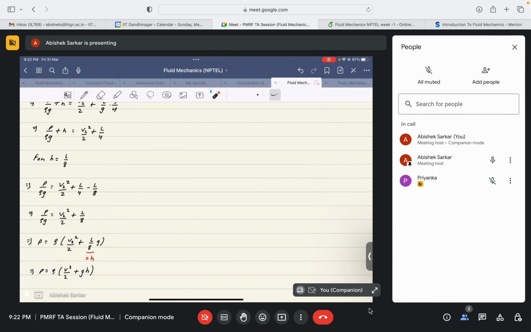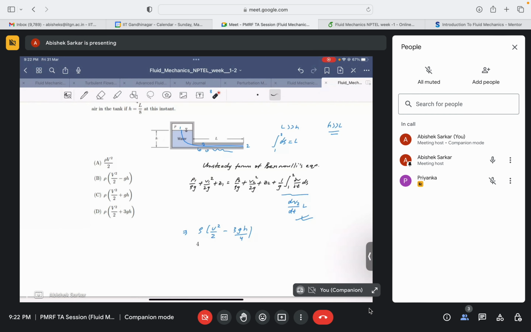But again, L by 8 is equal to H, so we substitute back the value of H, and we get P equal to rho V squared by 2 plus g by H. So option C is the correct one. Is it clear? Yes, sir.